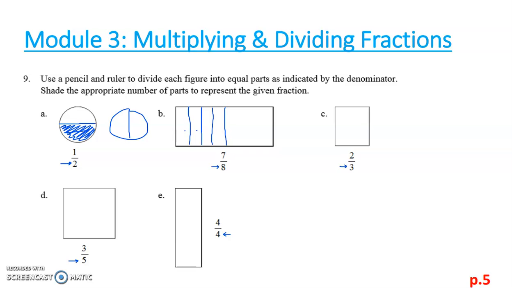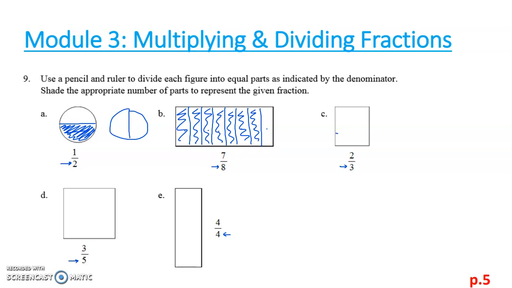So I have 1, 2, 3, 4, 5, 6, 7, 8. So I just do my best to try to get that fairly divided. And I'm going to shade 7 out of the 8 figures. So out of the 8 pieces, 7 of them are going to be shaded.